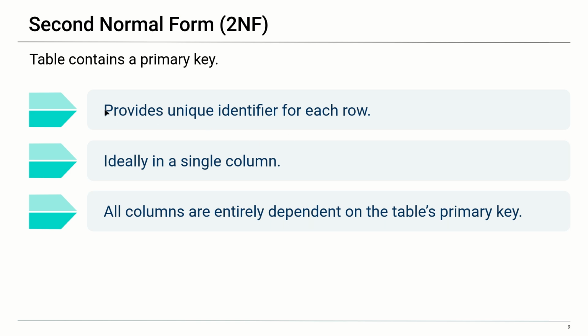So here's a summary of second normal form. We've got a unique identifier for every row, probably a single column. In some cases, you're going to have two different columns. As an example of when you might want more than one column, I worked for insurance companies.